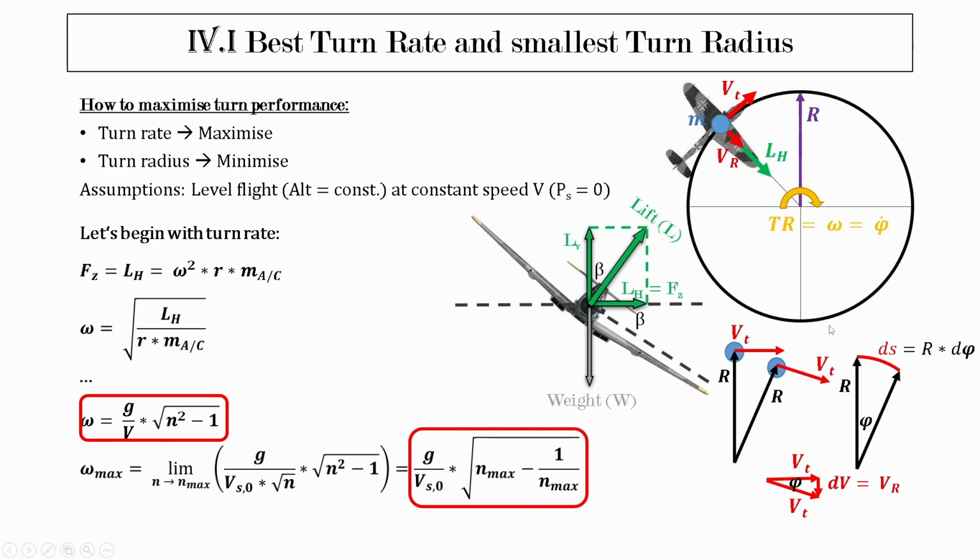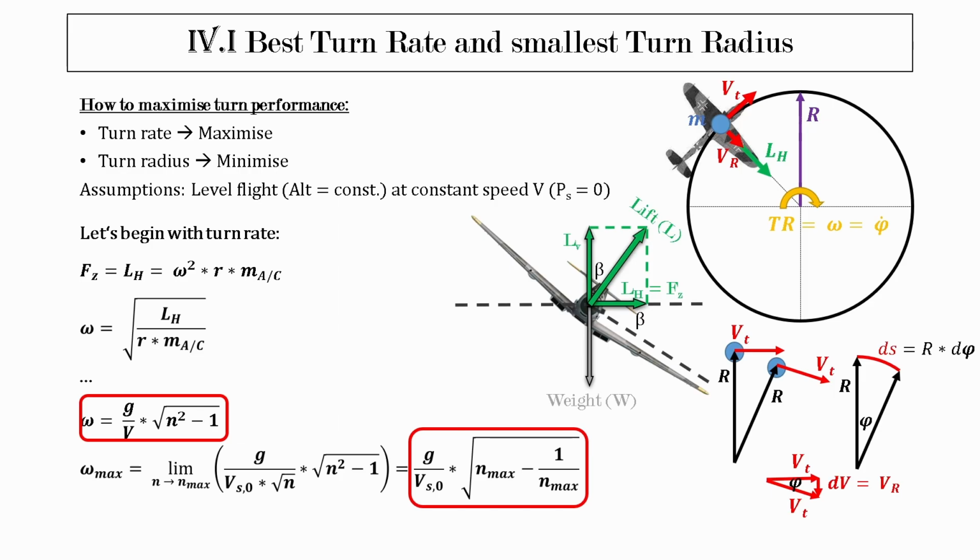But since we are obviously combat pilots or aspiring combat pilots, we now want to know how to maximize our turn performance in a horizontal or level turn, if you will. So the assumptions here at the moment are that we want to maintain our altitude and our speed constant. So our excess power, PS, is supposed to be 0, because that means we are working energy neutral.